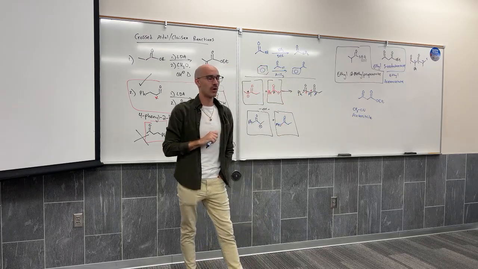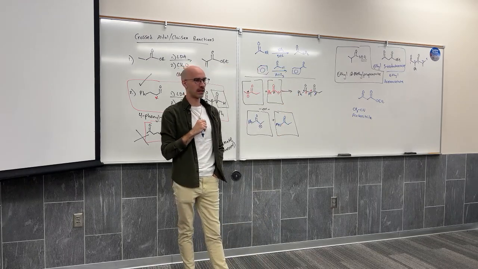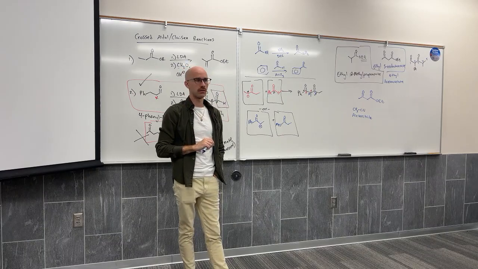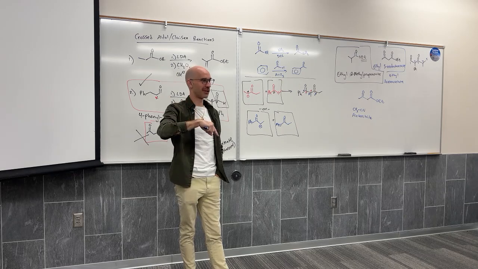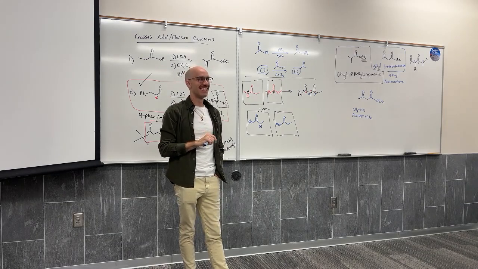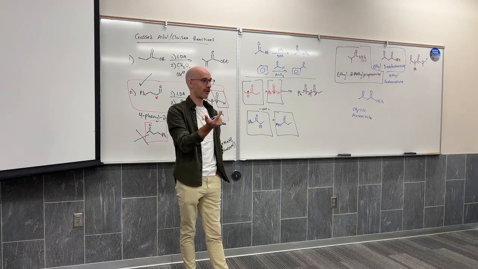Good. What order should those go in front of the name? Should it go 2, 3, 4? It's going to go 4, 3, 2. Well, no. It's going to go alphabetically, which in this case is methyl, oxo, phenyl.